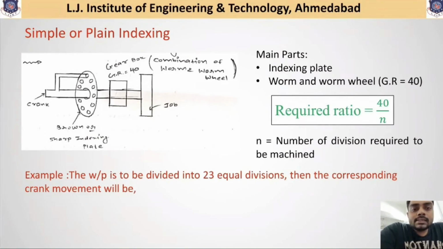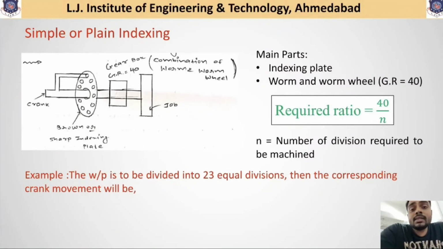The example is: the workpiece is to be divided into 23 equal divisions, then the corresponding crank movement will be? Here you can think that in our previous topic we discussed that the direct indexing method is helpful to generate holes up to 24, and these 23 equal divisions are less than 24 holes.